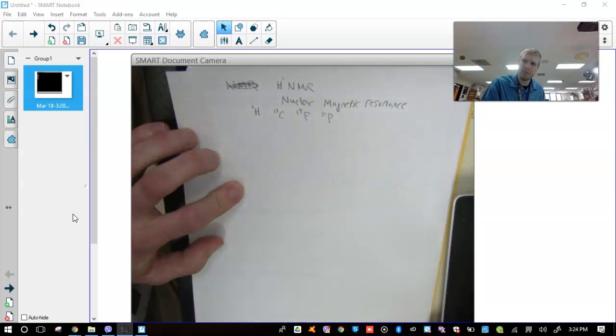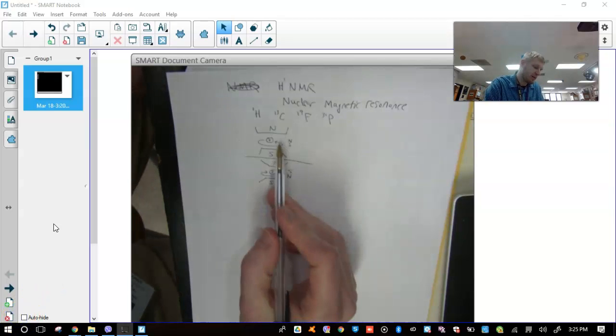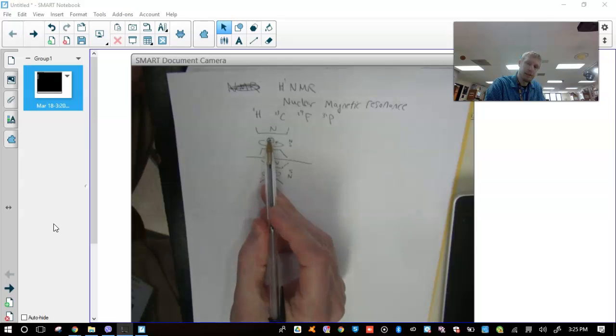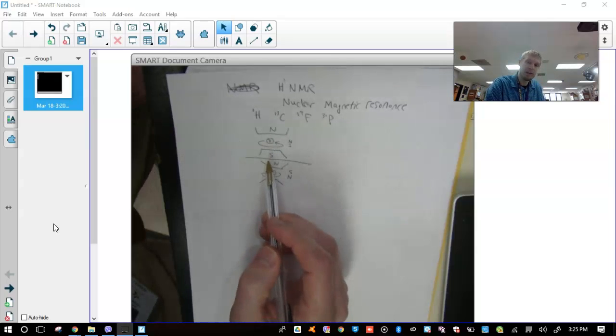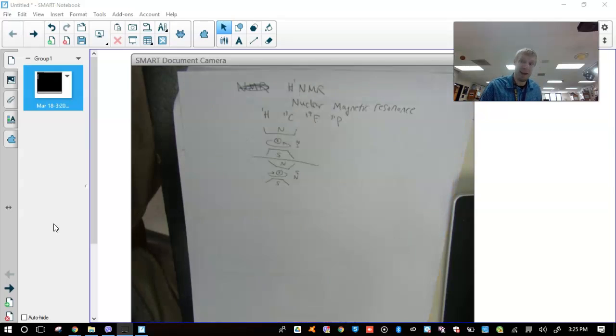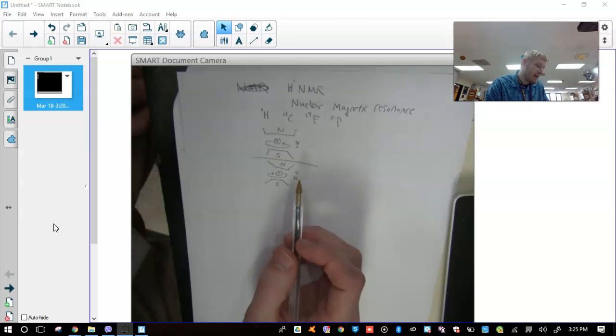So I'm just going to pause it and draw a picture real quick. Alright, so here's a little picture of the proton that is found between these two magnets. It's put into this, basically an MRI, magnetic resonance imaging device. NMR is the same thing, just with a different name.